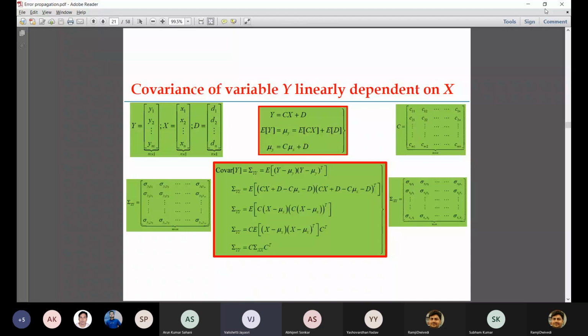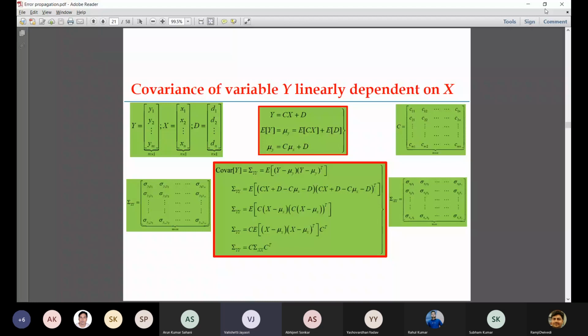Sir, am I audible? Yes, you are audible. Sir, here you have given us two variables z1, z2 with the parameters 2x1 plus x2 and x1 plus x2, and there are no constants.